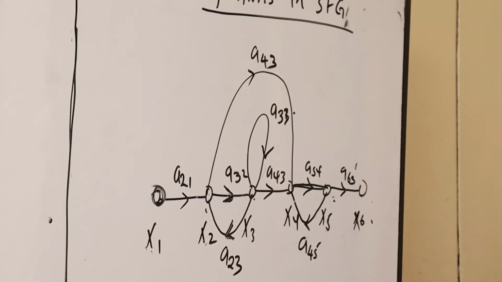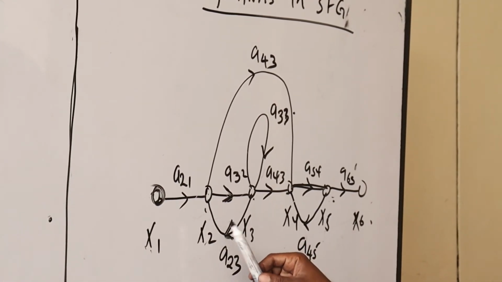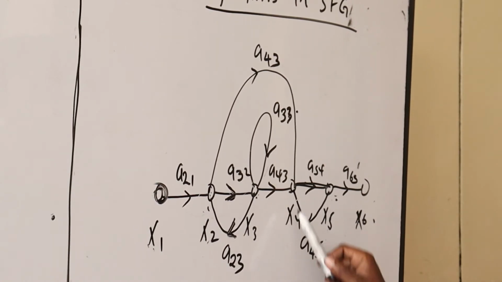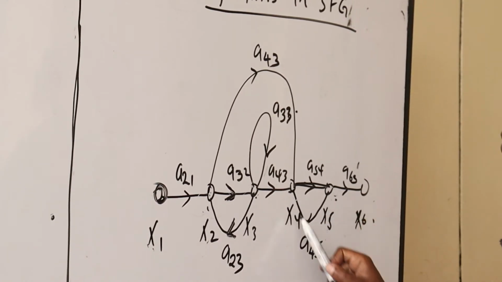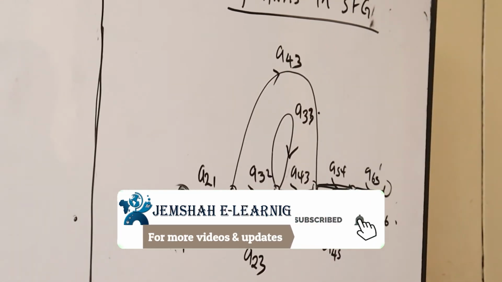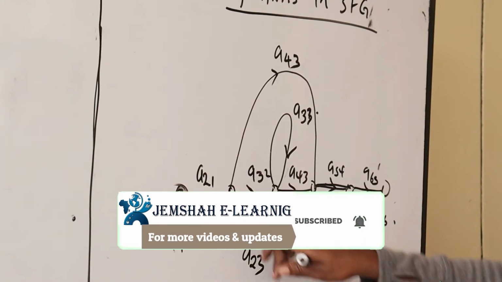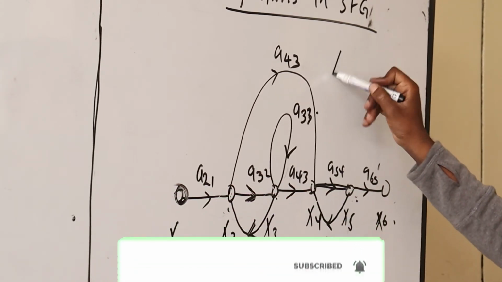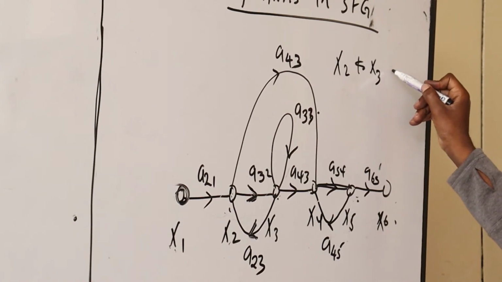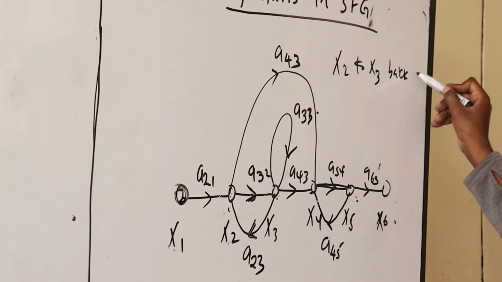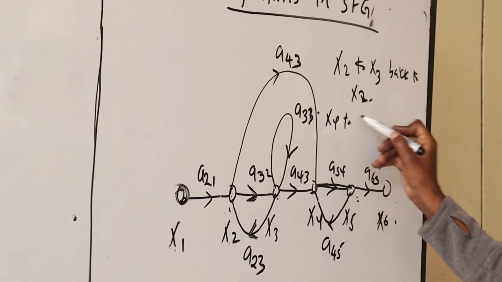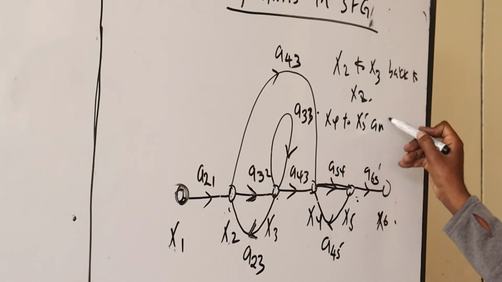Like in this case, we have this loop, x2 to x3 and back to x2, and the other one is x4 to x5 and back to x4.